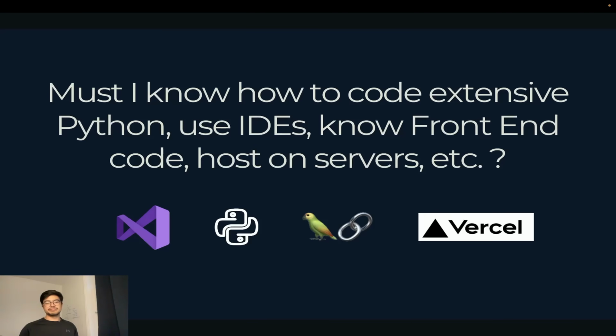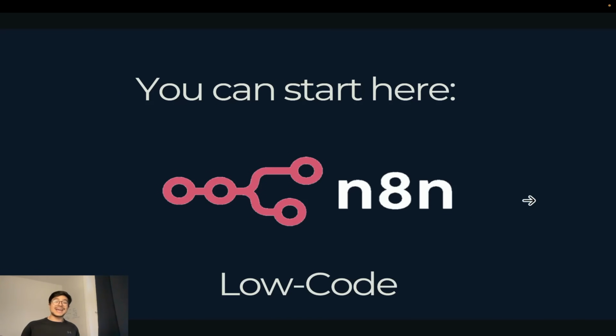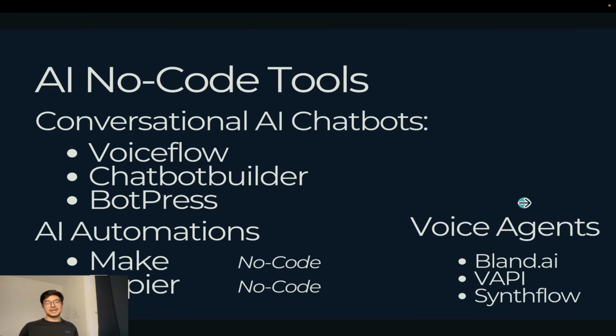And you might think, well, do you need Python, use IDEs, no front end, host on servers, etc.? Well, you don't need to, because we have tools like N8N, right? And you might think, well, what's so good about N8N?